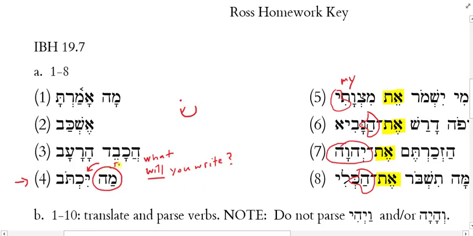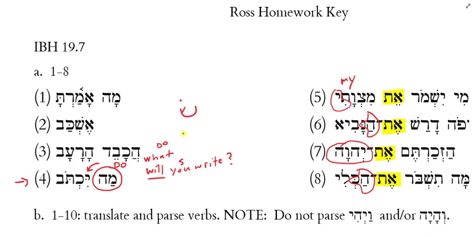Exactly. It's the direct object. What's the subject of write? You. Exactly. So you is the subject, will write is the verb, and what is the direct object? You see that? So if I rephrase this in that order, I could say, you will write what? Okay? You will write what?